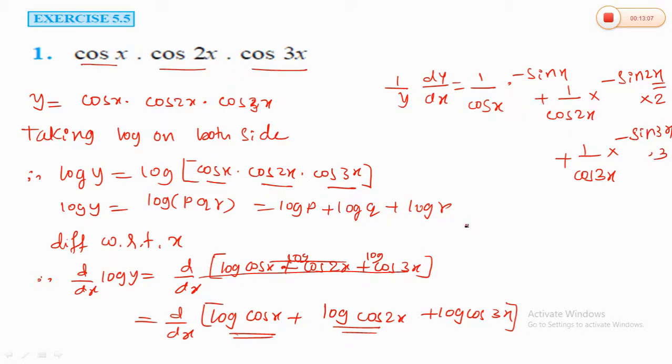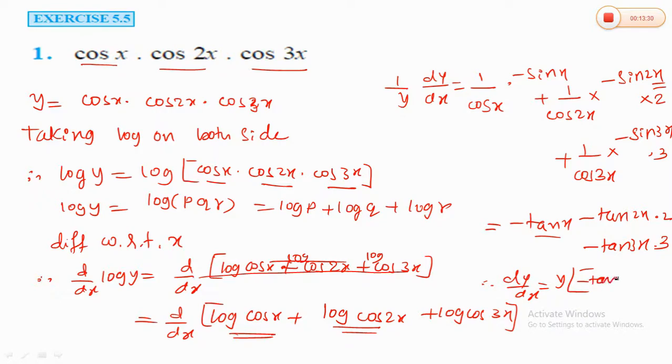So this equals minus tan x minus tan 2x into 2 minus tan 3x into 3. So dy by dx equals y into bracket, minus tan x minus 2 tan 2x minus 3 tan 3x.